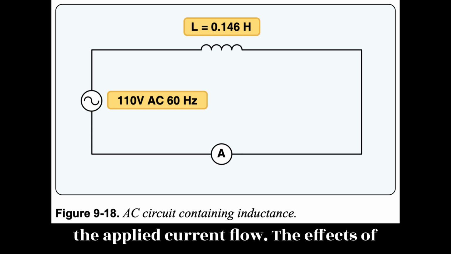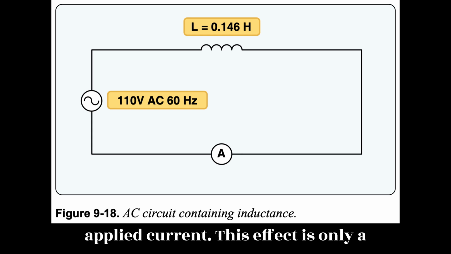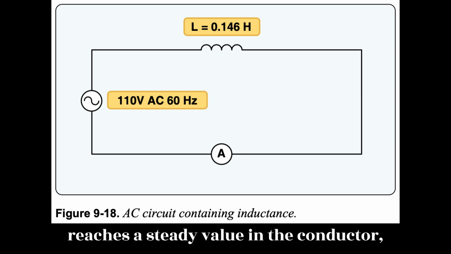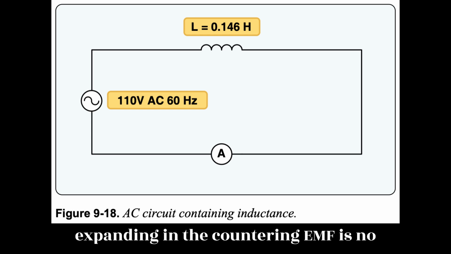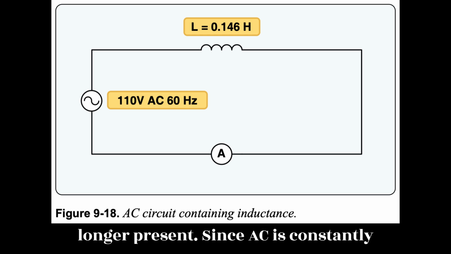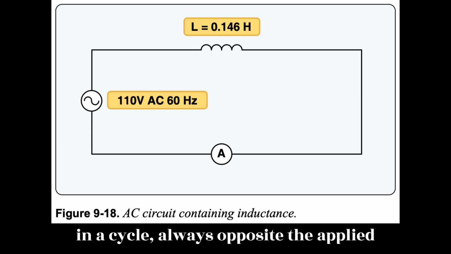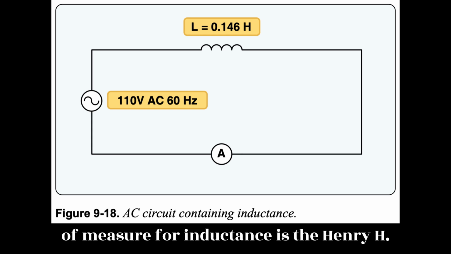The effects of this countering EMF are to oppose the applied current. This effect is only a temporary condition. Once the current reaches a steady value in the conductor, the lines of magnetic force are no longer expanding and the countering EMF is no longer present. Since AC is constantly changing in value, the inductance repeats in a cycle always opposite the applied voltage. It should be noted that the unit of measure for inductance is the Henry, H.